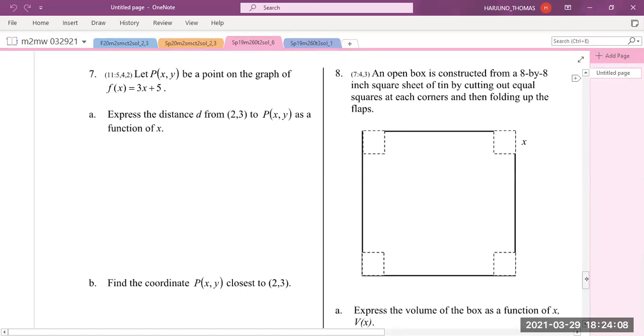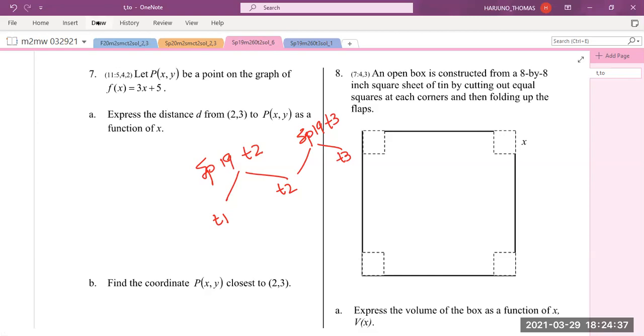So their spring 19 test 2 is associated to part of our test 1 or part of our test 2. That's why later on you see that I will go over their test 3. Spring 19 test 3 is part of our test 2, but also part of our test 3. But most of their test 3 is actually in our test 2.